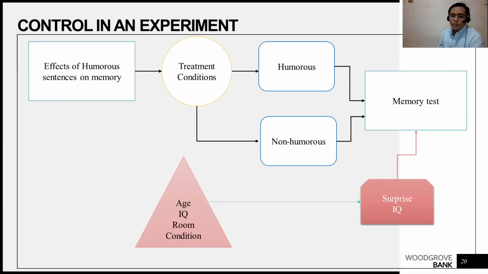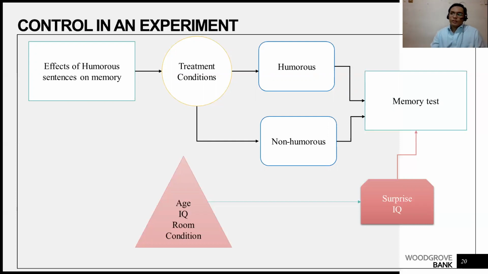Here is the flow of Schmidt's experiment: the effects of humorous sentences on memory. They have two different treatment conditions, two sentences available, the humorous and the non-humorous. After the participants were presented with these sentences, they underwent a memory test.